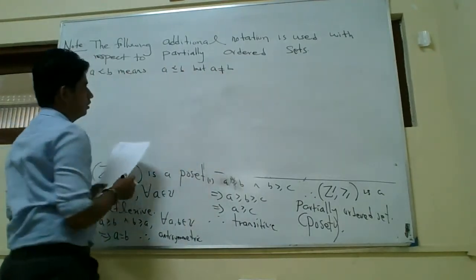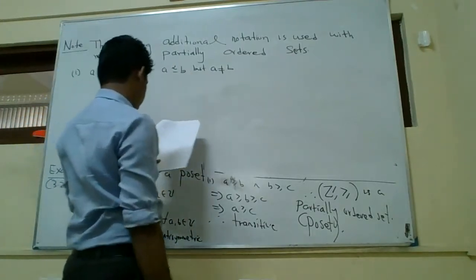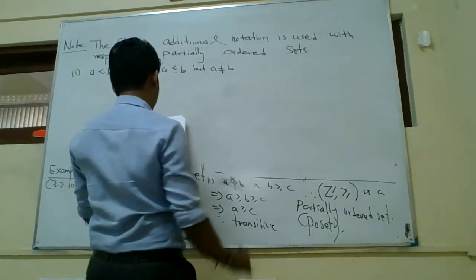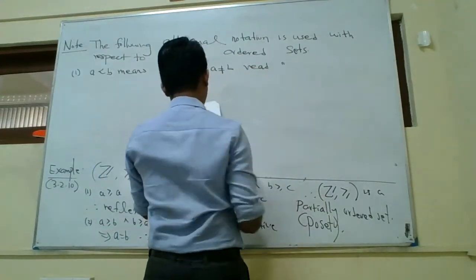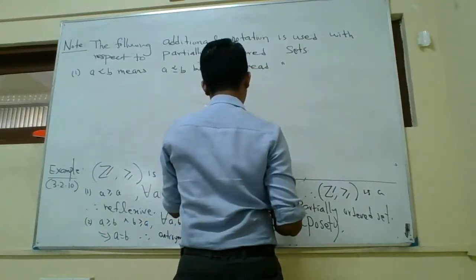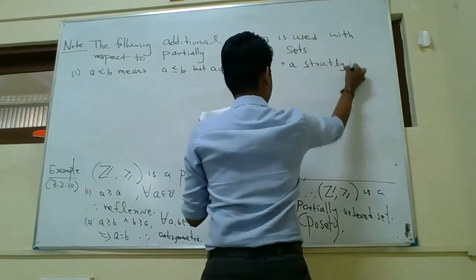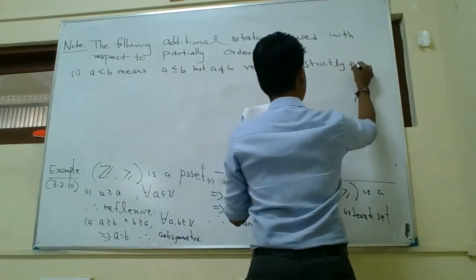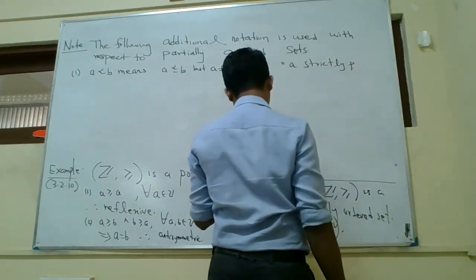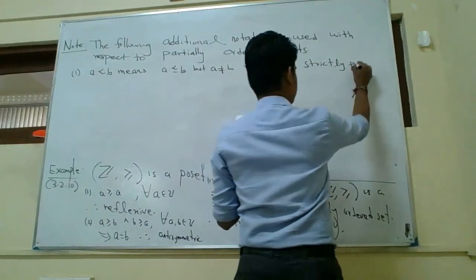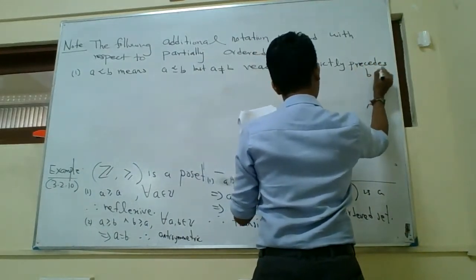So A precedes B and A not equal to B. You can read it as A strictly precedes B.